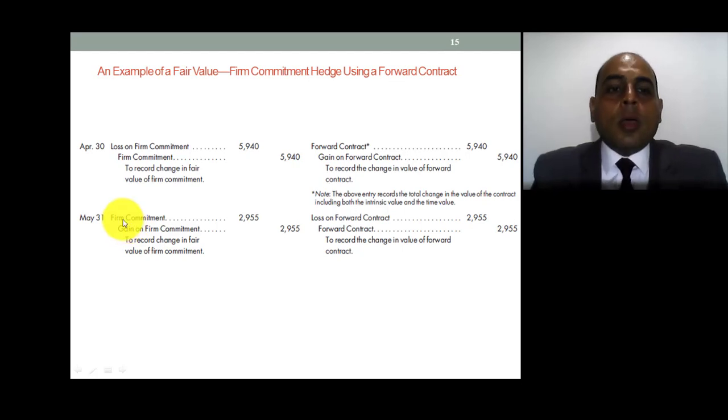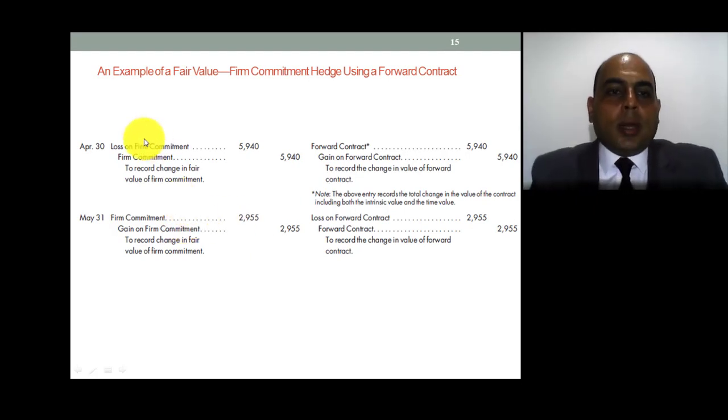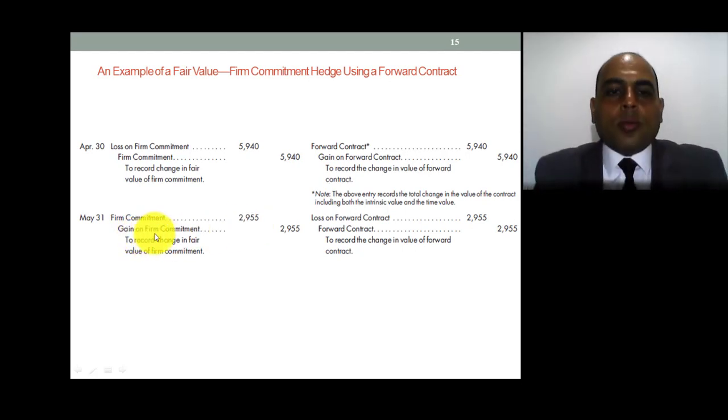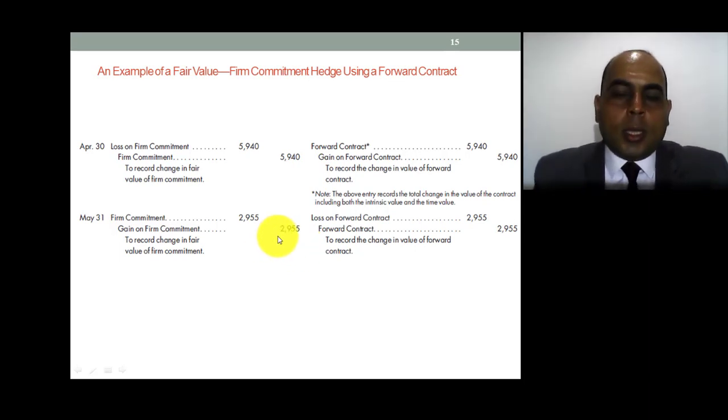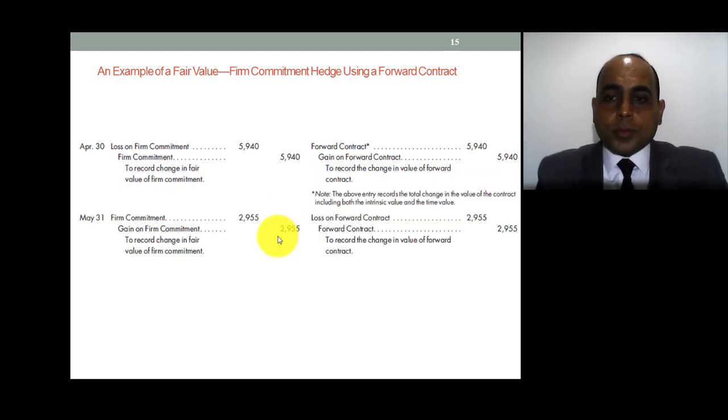On the other hand, firm commitment debited by 2,900 as we provided this commitment. Here the amount of liability will decline by this amount, 2,900. On the other hand, we have gain on firm commitment by 2,955 to record the change in fair value of firm commitment.